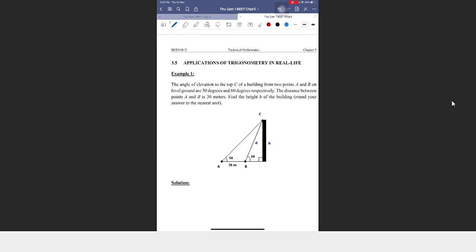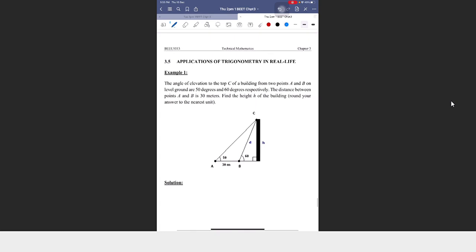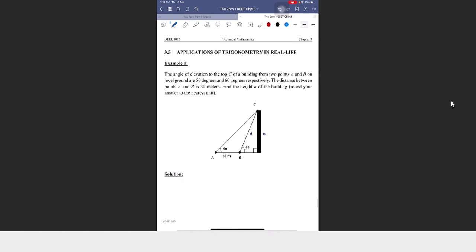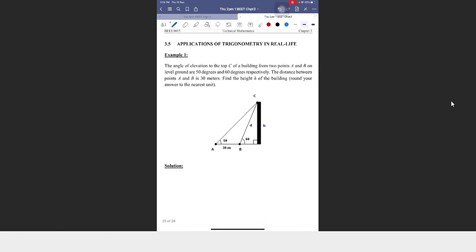All are about real life application of trigonometry. Let's look at this example. I'll give you some time to copy down the question first. You can copy down the question quickly, then we can discuss this example.